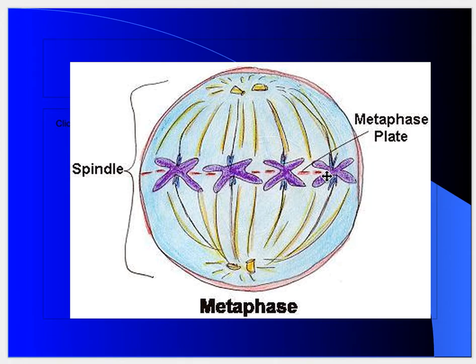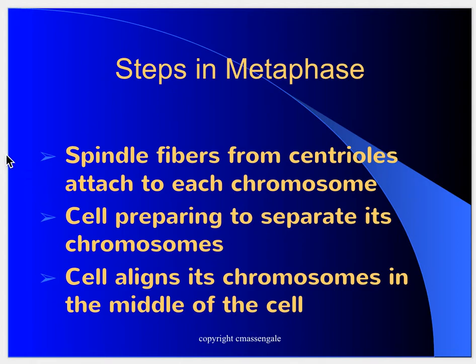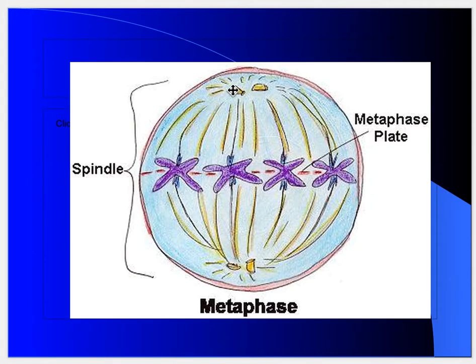These chromosomes are going to line up on the equator in a straight line with half of this chromosome on this side and half on this side. So the first thing that's going to happen is that these spindle fibers are going to come down from the centrioles and attach to the chromosomes.